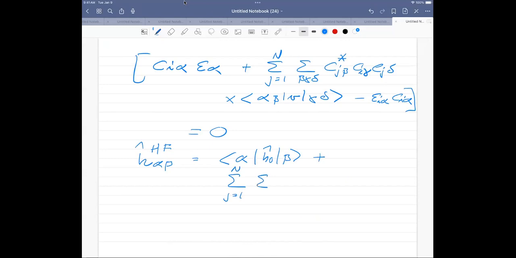And then there is a sum over gamma delta, which runs freely. And then I have c_i of gamma, complex conjugate, and then c_j of delta, and then a matrix element of alpha, gamma, v, beta, delta.